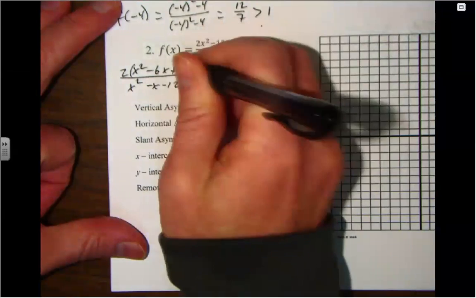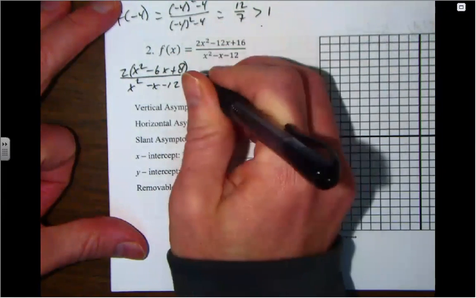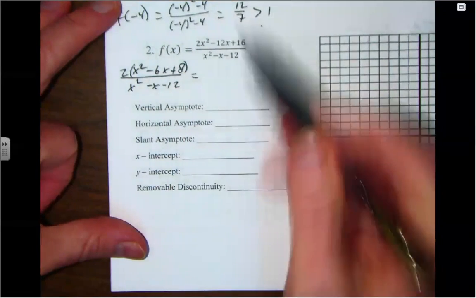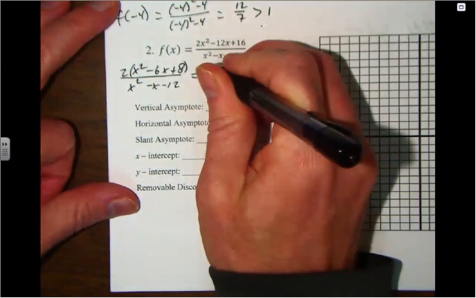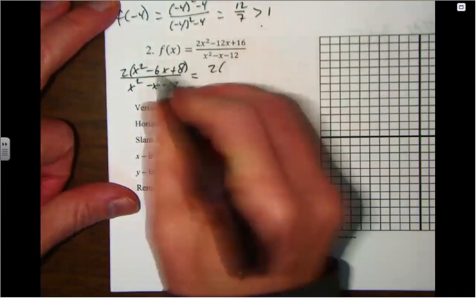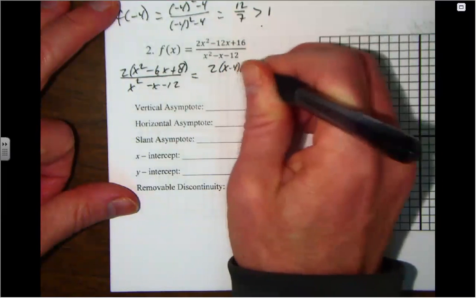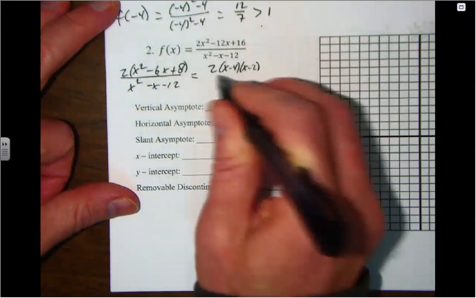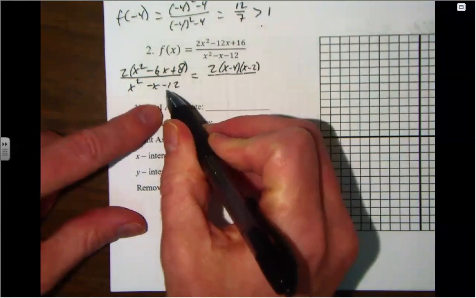Oops, that's actually an 8, not a 16. And then factor the leftover quadratics, just like we know how to do. So that's -4 and -2. And this is -4 and +3.